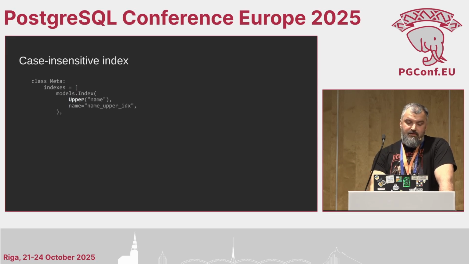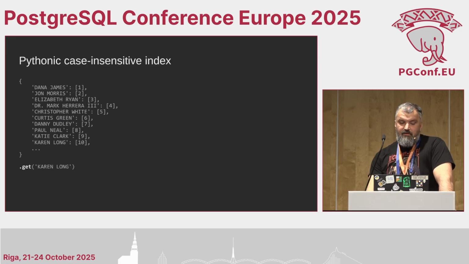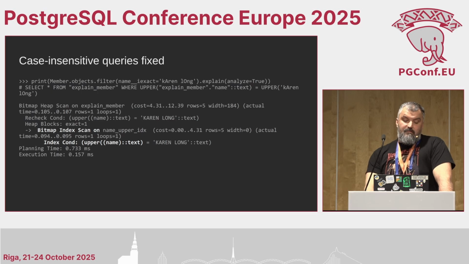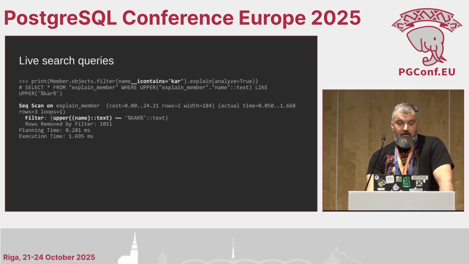So I create an index for the exact condition that the database is looking for. And the resulting index is something like that, all the keys are translated to uppercase, and then if I get by uppercase, the search actually works. And indeed, by creating this index, I have this name upper index, it's used, so everything is fine.